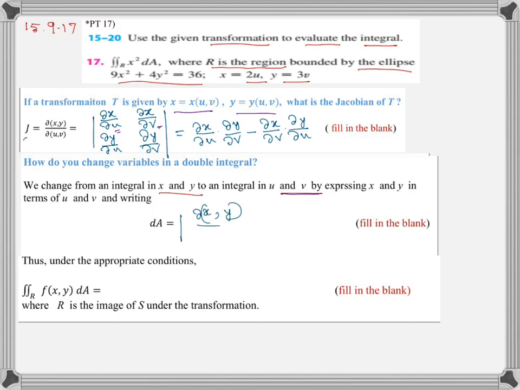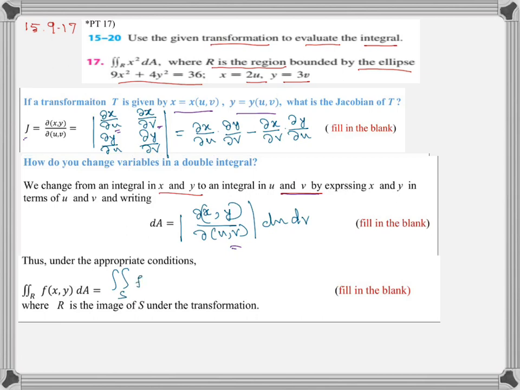That is, the absolute value of partial xy over partial uv, times du dv. So in the double integral, when the Jacobian is used, you always have to take the absolute value of the Jacobian. So it's always positive.